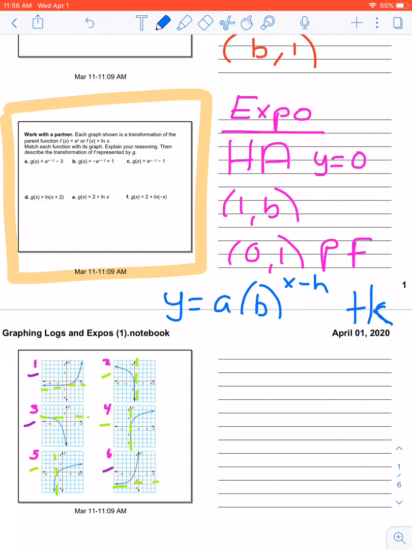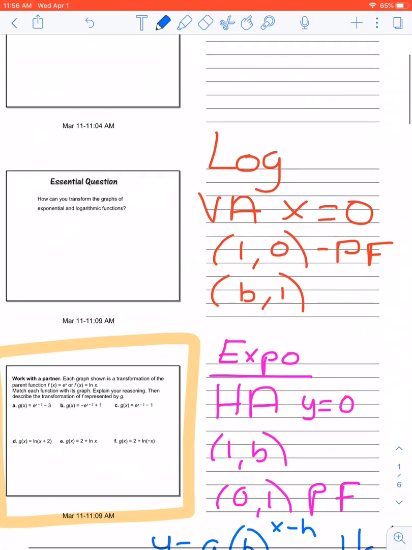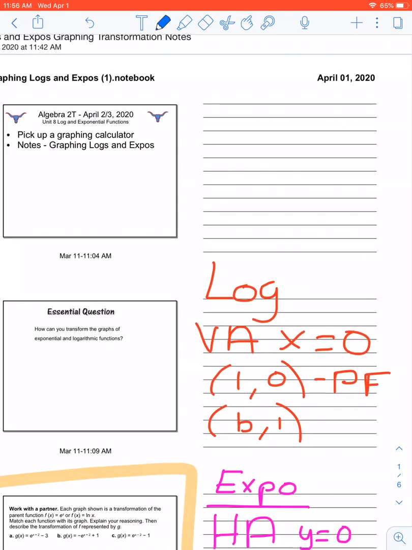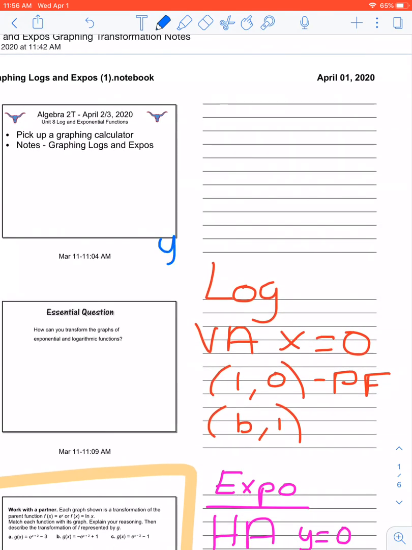That would be our vertex form, in quotes, of exponentials, okay? The same would hold true for logarithms. An exponential would be that. A logarithm would look like this: y equals a log base b of x minus h, plus k. Okay, so those would be our vertex forms.